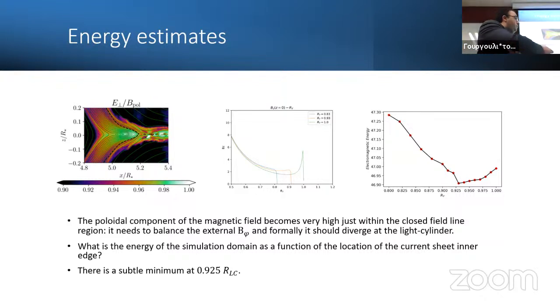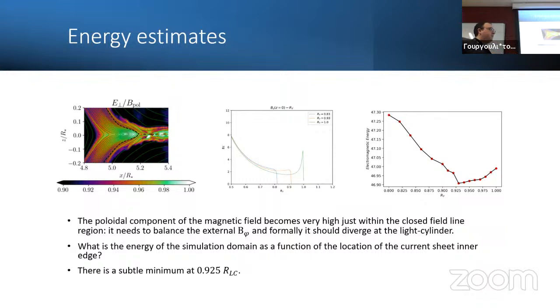So what we found is that if we estimate the amount of energy that exists in the magnetosphere, and in principle, because the magnetosphere extends to infinity, we evaluated the energy from the star up to two light cylinder radii, there appears to be an energy minimum at around 0.92 of the light cylinder.